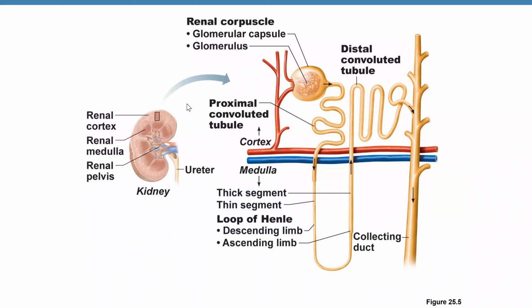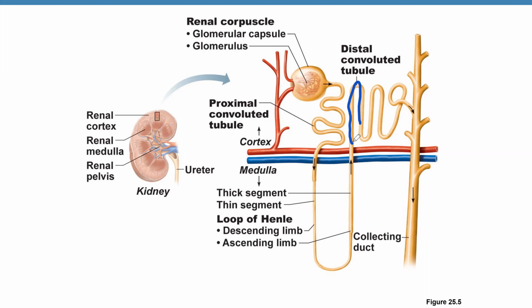So on this slide, you can see parts of a nephron. Right, so here we have our glomerulus, then glomerular capsule. So together they make renal corpuscle. We have proximal convoluted tubule. We have loop of Henle or loop of nephron that includes a thin segment in a descending limb, and then ascending limb has a thick segment.